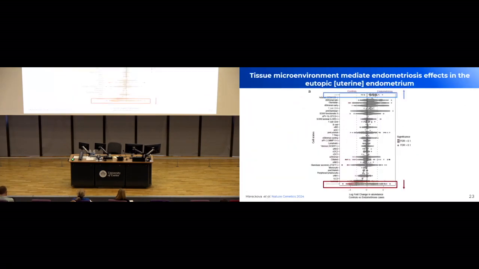Looking at the single cell data from women with and without endometriosis, what we could see is that in endometriosis, as you can see here, there was an increase in macrophages, in particular those that are inflammatory. Each dot doesn't represent a cell, it's a neighborhood, to avoid confusion. And we also saw a decrease in the fibroblasts that respond to hormones, showing that they are less able to respond to hormones.